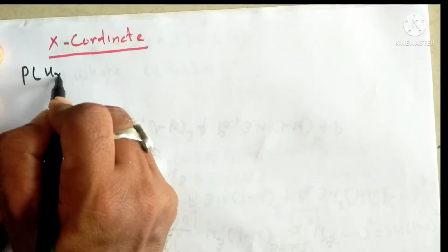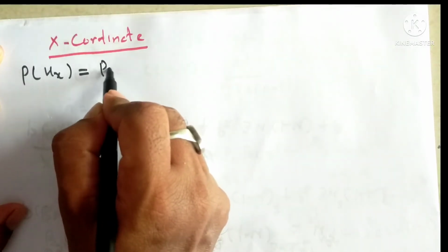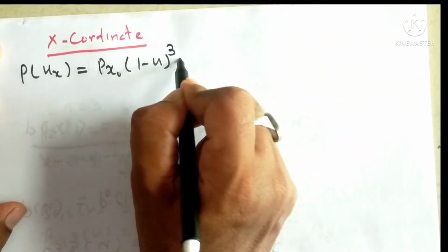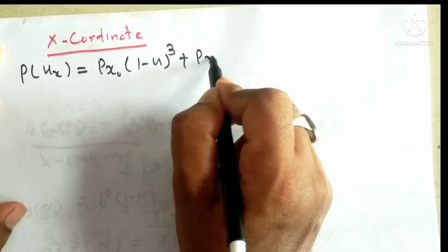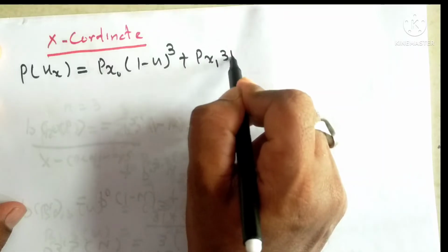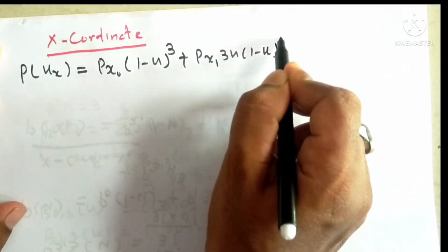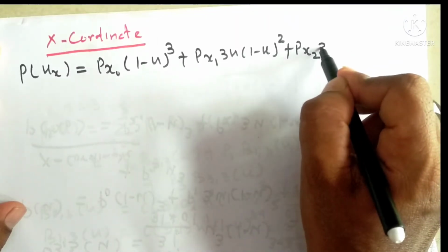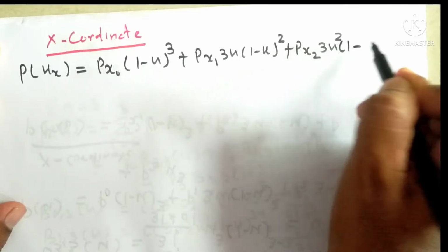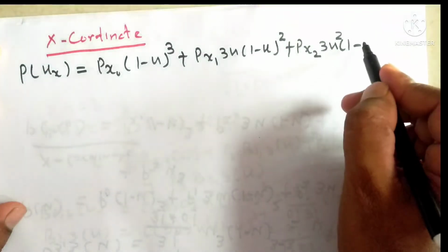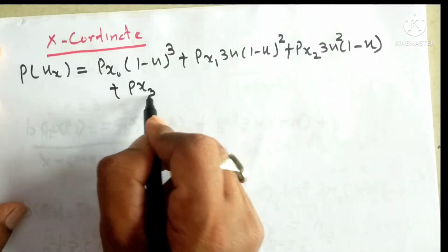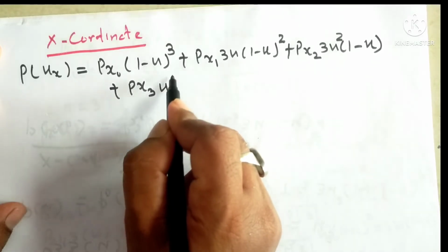So you can write here P of u x equals Px0 into 1 minus u whole to the power 3, plus Px1 into 3u into 1 minus u whole to the power 2, plus Px2 into 3u square into 1 minus u, plus Px3 into u to the power 3.